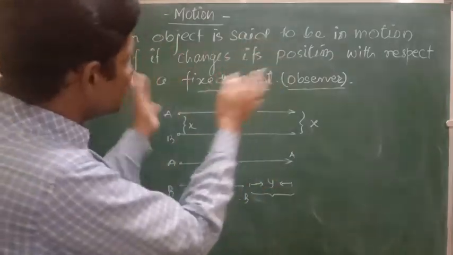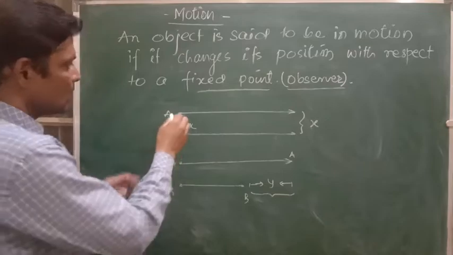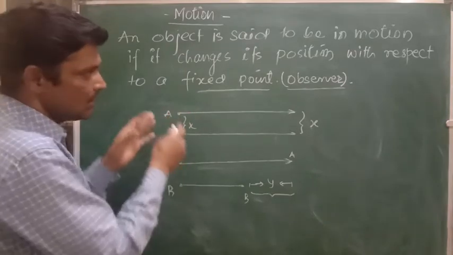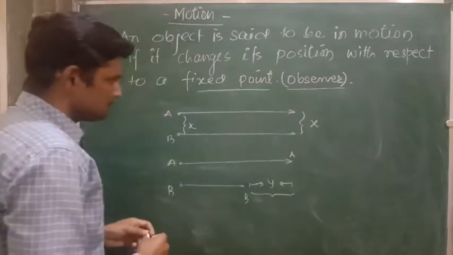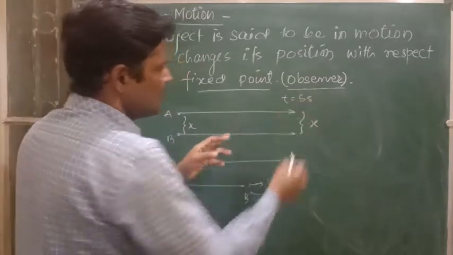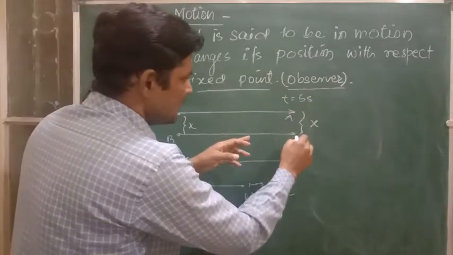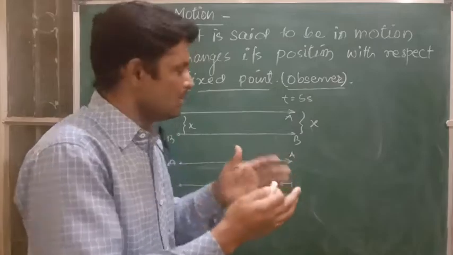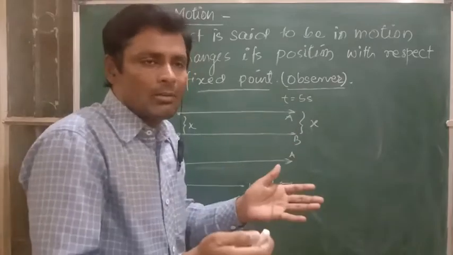So to understand this topic, consider two students on their bicycles moving on a straight road. After some time, suppose at t equal to 5 seconds, A asks B, did you notice? We are traveling, but we haven't changed our position.